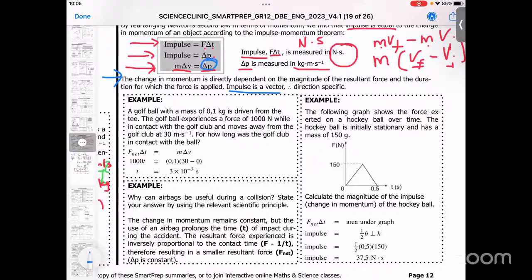So it is definitely dependent on the magnitude of the resultant force. It is dependent on the force and also the time. So in other words, they're talking about momentum being dependent on the force and the time. Anything else is just to make that English make sense, honorable member.